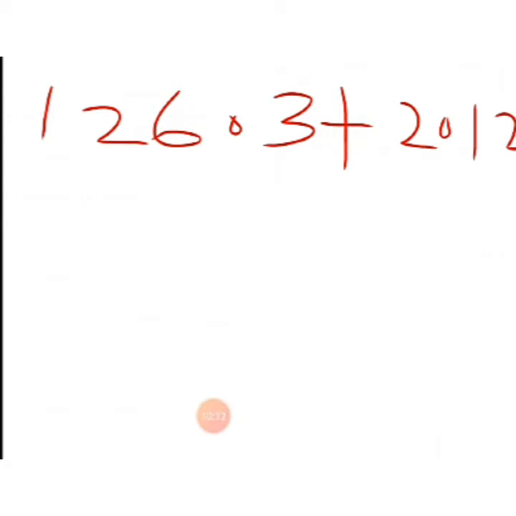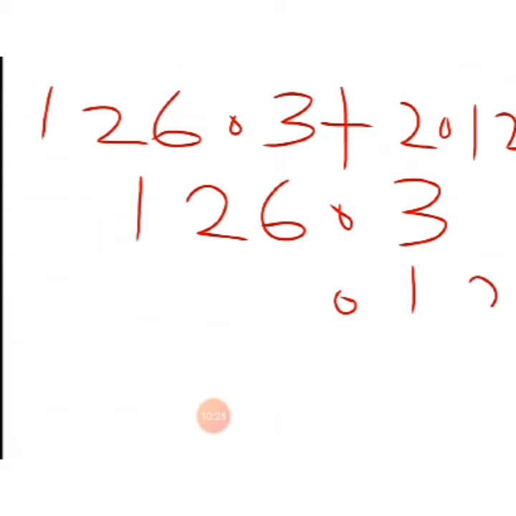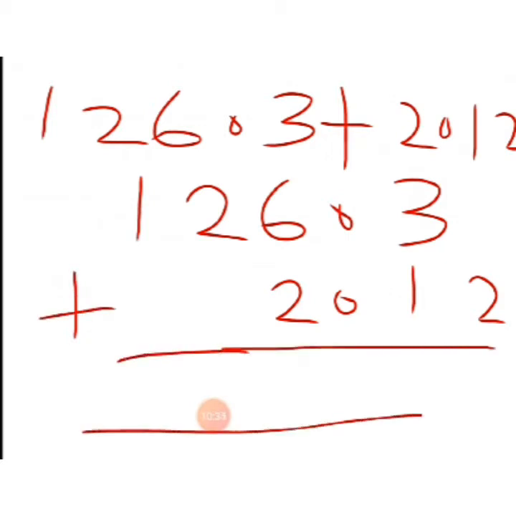You take it this way: 126.3. Put the point first for the next number and write 2 and 6. In front we had 2. Now with this arrangement, we can solve this addition.